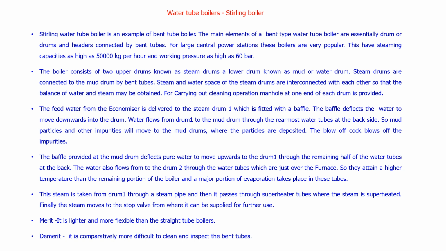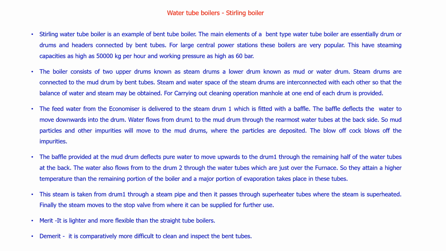It is working up to the pressure of 60 bar, 50,000 kilogram per hour. So earlier it is 36,000, now it is 50,000. There it was 50 bar, now it is 60 bar. So the development is in exponential growth. We are going to have water boilers of more than 100 bar also.